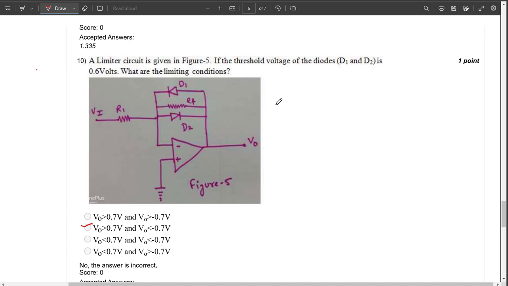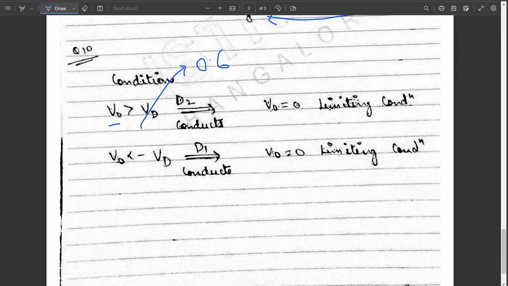So what are you suggesting? How should we go? First we have to consider how the circuit is behaving for VI greater than 0, and for VI less than 0.